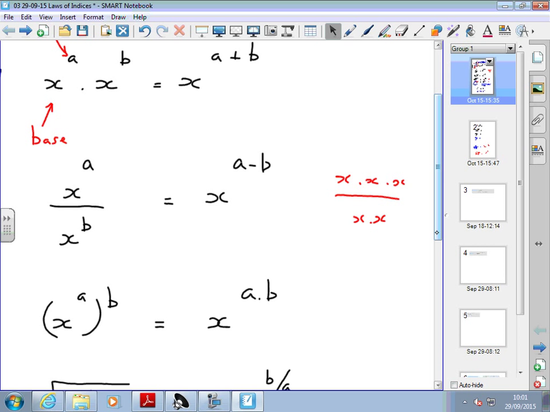As we've discussed already, if I've got the same number top and bottom, they can be cancelled out. So I'm effectively cancelling out each of these x's and replacing them with 1's. That leaves me with just x over 1, or x. Subtract the powers, in other words. So that's where that rule comes from.